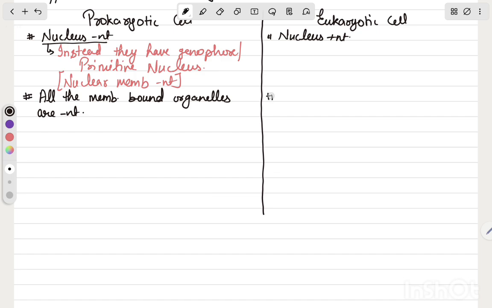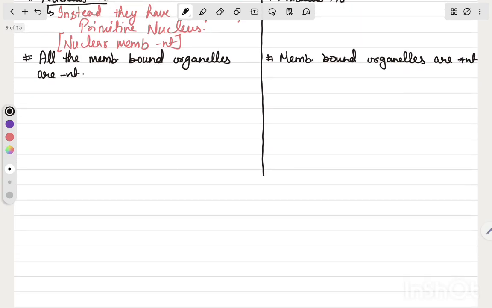These membrane bound organelles are present in eukaryotic cell.